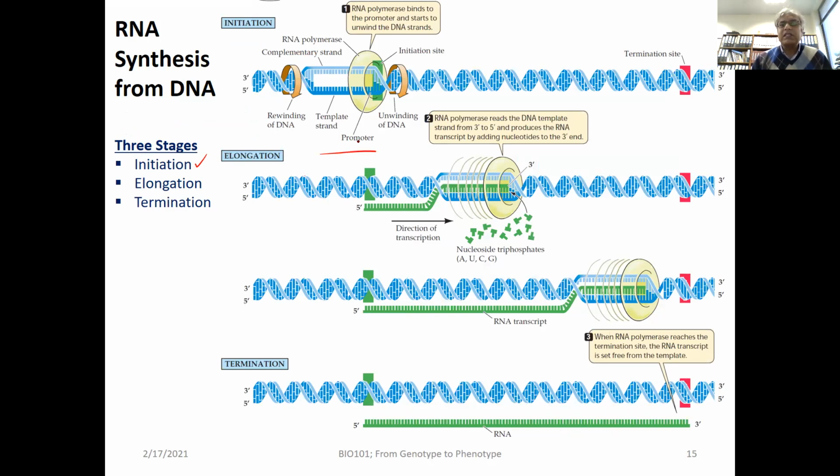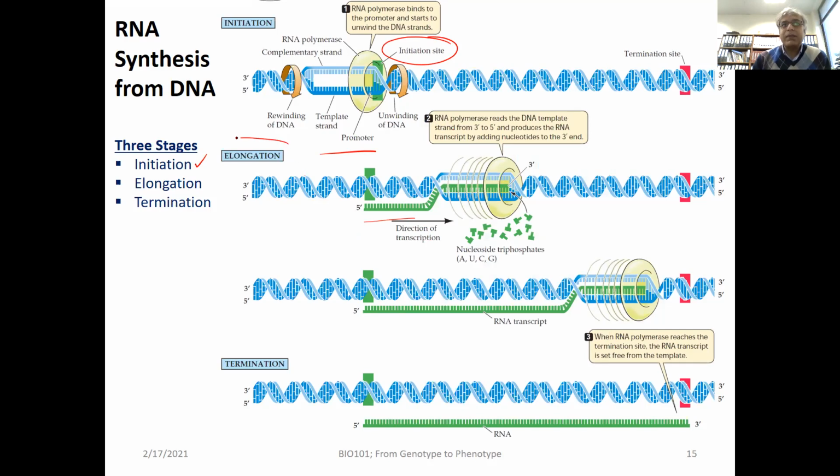Promoter sequences are very specialized; if you take all the promoters in a cell, you will find the same consensus sequences, TATA box, -10, -35 sequences, etc. Then at the initiation site, RNA polymerase starts adding the first nucleotide, and RNA synthesis starts.